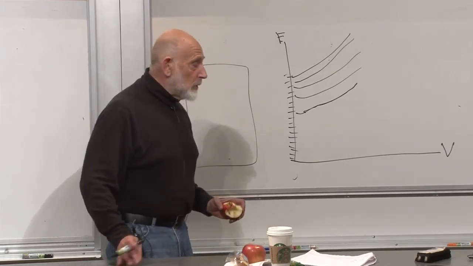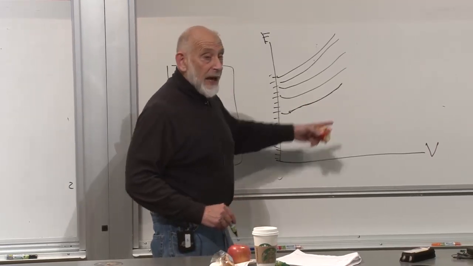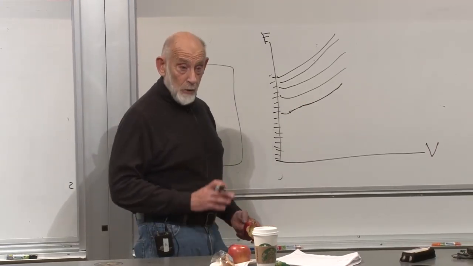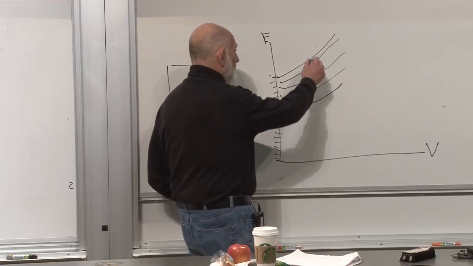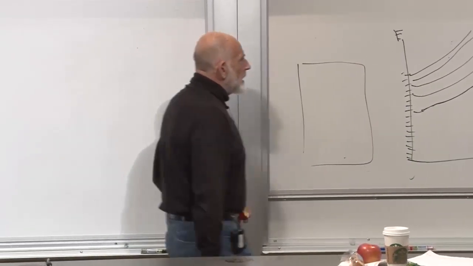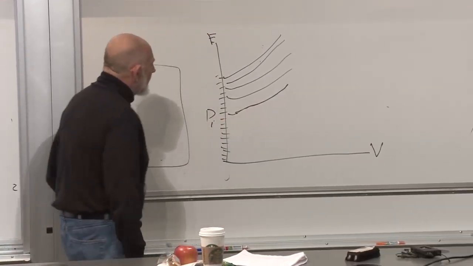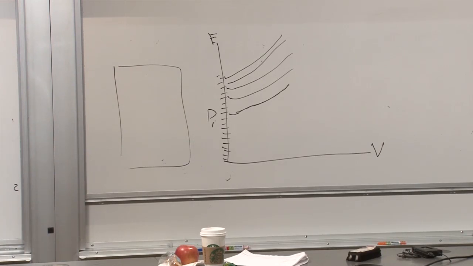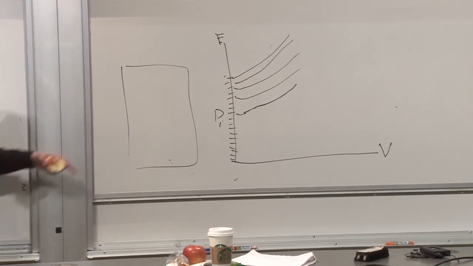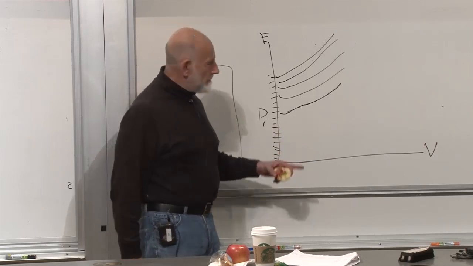If you go slowly, the value of the energy changes slowly, but you don't jump from one level to another. That means if you started out with a collection of probabilities, P sub i, labeling the probabilities for different energy levels, the P sub i stay the same.